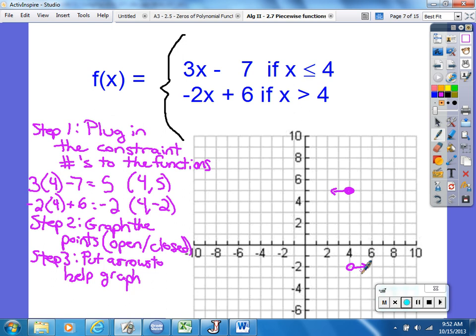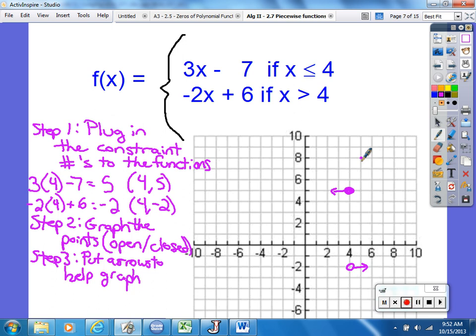Okay. So, now we get to graph. This top point matches with this top equation, right? What's the slope of this top equation? 3. So I would technically go up 3 over 1. Uh-oh. Did I make a mistake there? Am I on the side that the arrow wants me to be on?